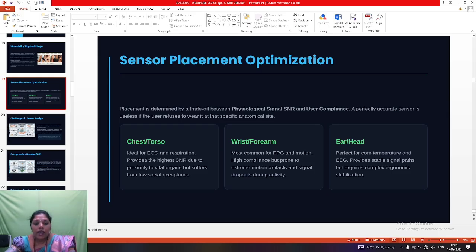Chest is ideal for ECG and respiration, providing the highest SNR due to proximity to vital organs but suffers from local thoracic expansions. Wrist is most common for PPG and motion, high compliance but prone to extreme motion artifact and signal drops during activity. Head is perfect for core temperature and EEG, provides stable signal but requires complex ergonomic stabilization.